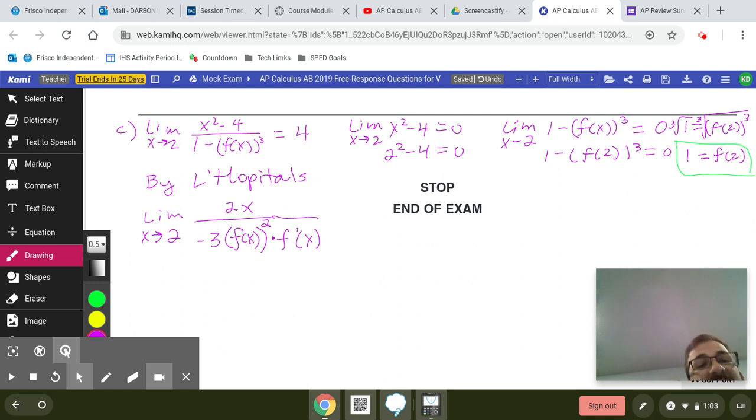Okay, we talked about this earlier. We already know the limit's equal to 4. So what is this now going to be equal to? Because we did L'Hopital's rule, we know this all has to equal 4.